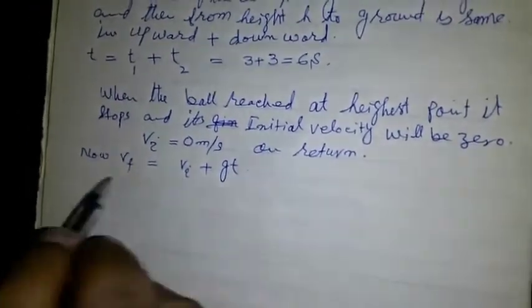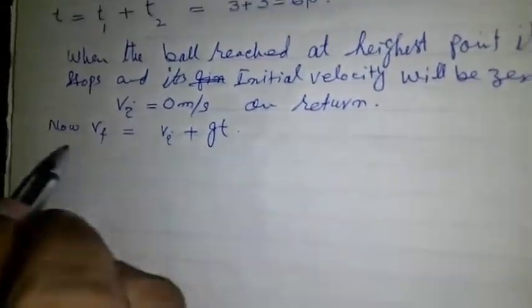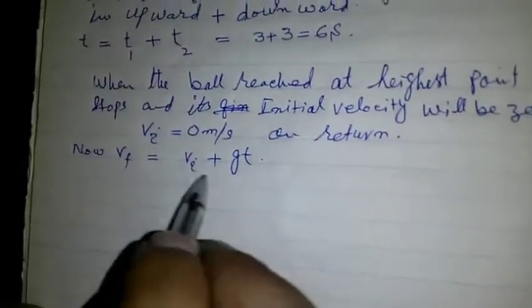Now Vf is equal to Vi plus gt. We have to calculate the final velocity when the ball hits the ground. So we calculate that here from the first equation of free falling bodies.